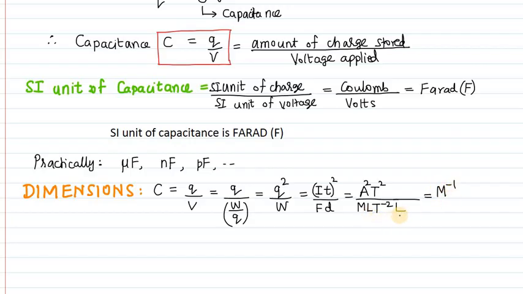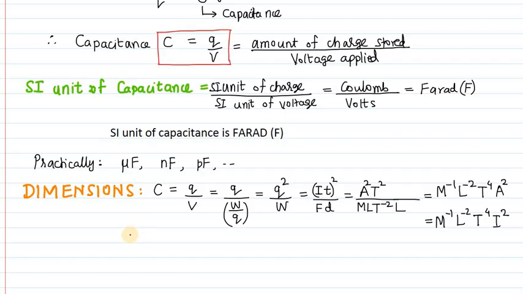L and L multiply to become L square in the denominator, so that becomes L power minus 2. And T power minus 2 goes up and becomes T power 4. And A to the power 2. A means ampere, or sometimes instead of ampere we can also just write I as the dimension for current. So this is the dimension for capacitance.